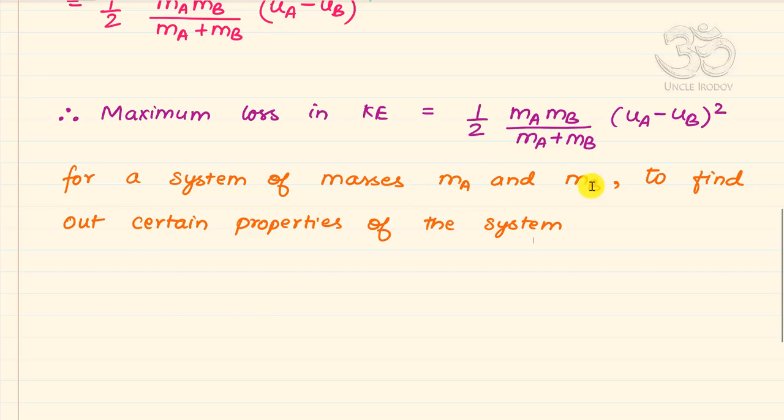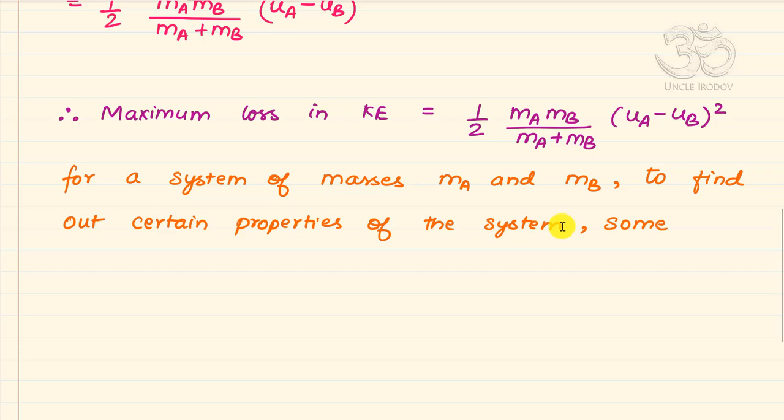So then MA is one of the stars and MB is the other star, right? So in order to find out certain properties of a system of two masses, Ma and Mb, physicists sometimes use a thing called reduced mass, which is Ma Mb by Ma plus Mb, and we will get to see what is the importance of this term also in a detailed fashion, maybe in a later class.